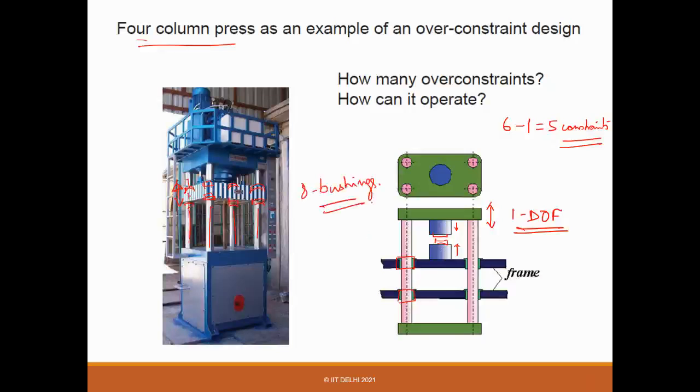So what do you realize? They are all connected in parallel, right? So all 8 bushings are trying to constrain this moving member, putting constraints. So 8 times whatever the constraint is, N constraints. We don't know. So let's try to find what kind of constraints one bush will have.